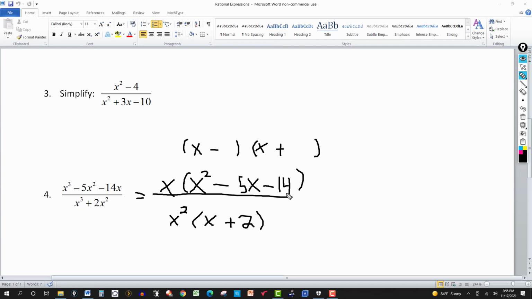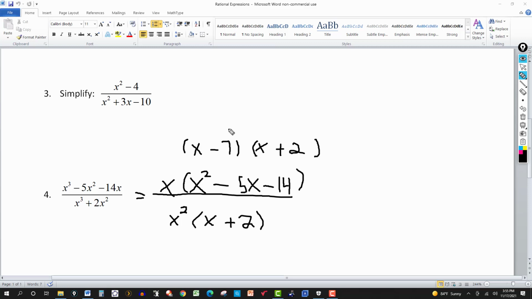Factors of 14 are 14 and 1, 7 and 2. So let's see, we want this to come out to a minus 5, so I'm going to put the 7 here and the 2 over here, and then just a quick check. Okay, so x times x gives me the x squared. Outer terms, 2 times a minus 7 gives me the minus 14, that checks.